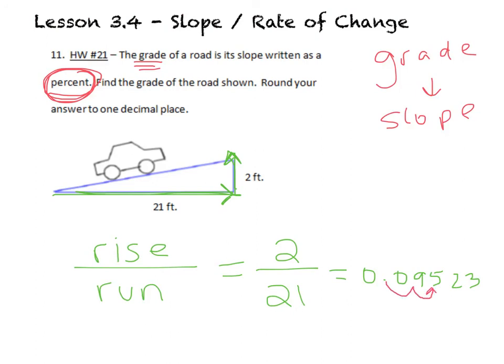So we get for our answer 9.52. Now, looking at your homework, it looks like they say round to 1 decimal place. So I just glanced at your homework, so we can simply mark this off. Our final answer would be 9.5, and let's throw a percent sign over here. So there we go.